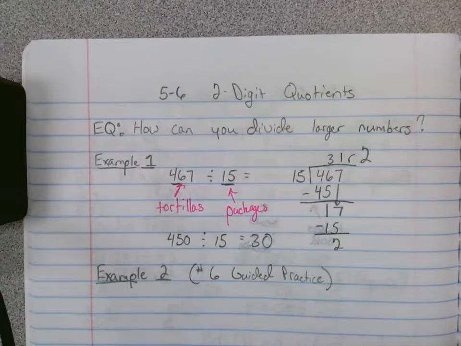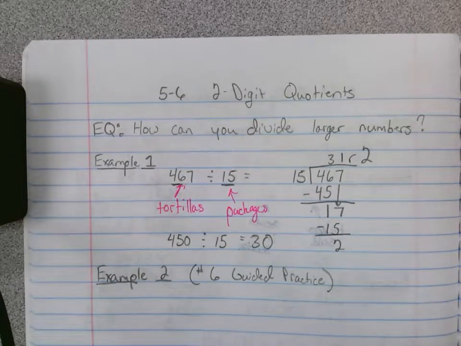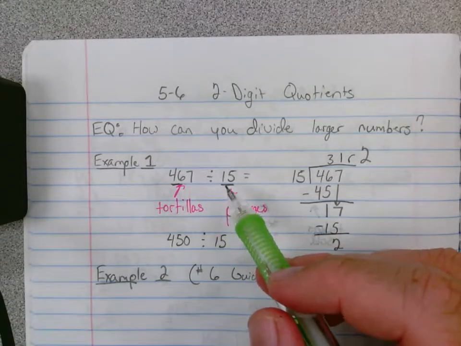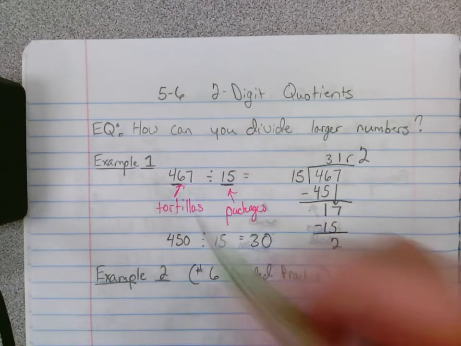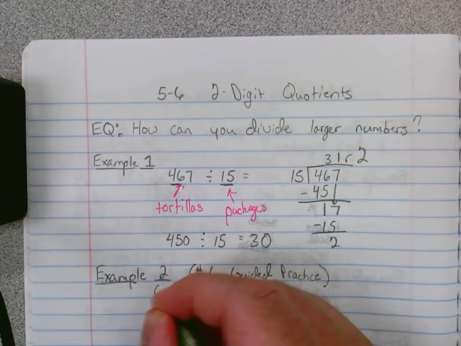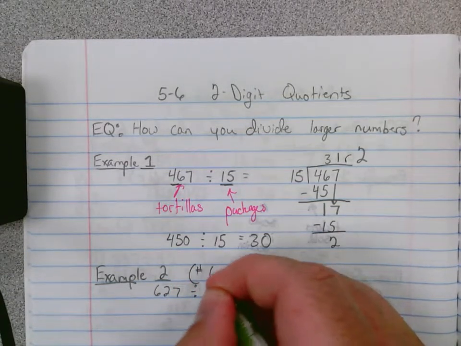Number 6 on guided practice says how many packages will 627 tortillas fill? So we're going to have the same division sentence as example 1, but instead of 467 tortillas, we have 627 divided by 15. The packages did not change.